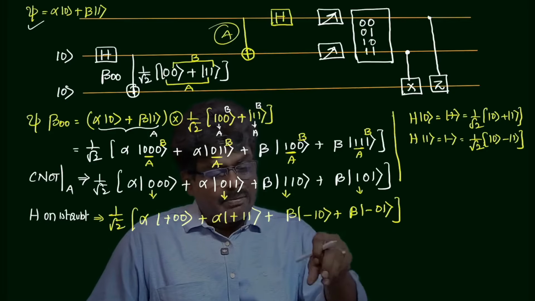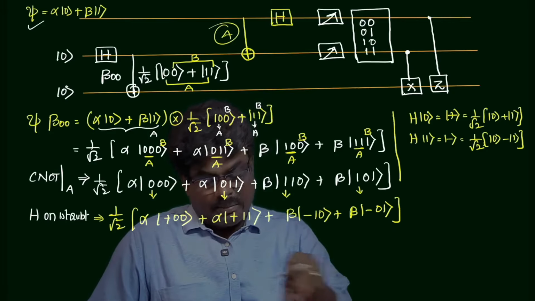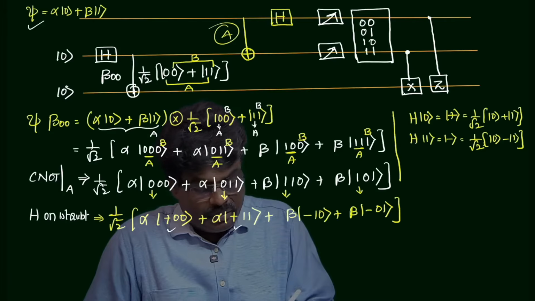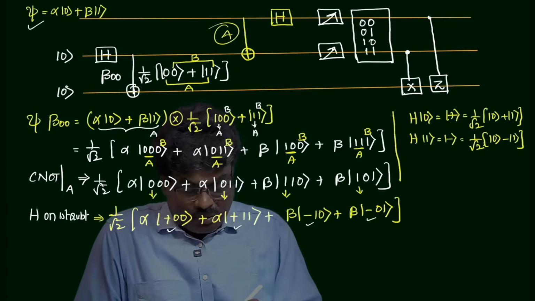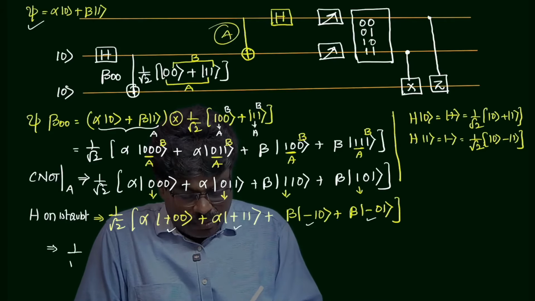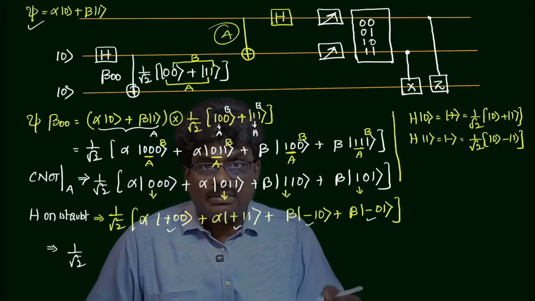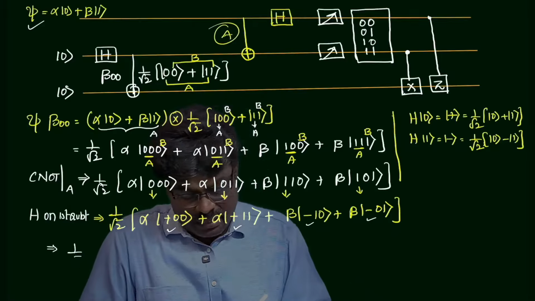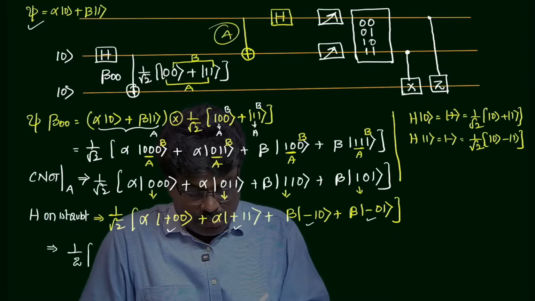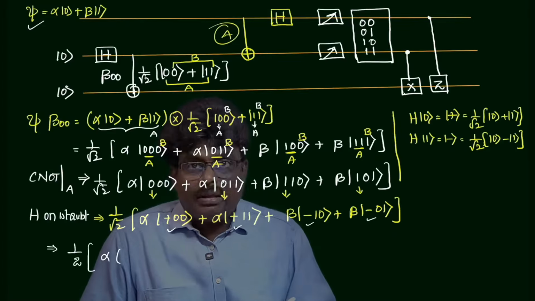Right. So let me take that plus state and minus state and substitute here. Oh, I'm sorry. While you are substituting plus and minus, one more root 2 is there, so here it becomes 1 by 2 alpha.